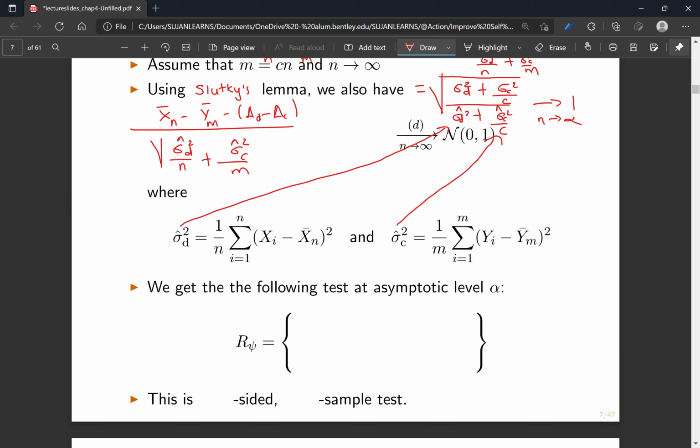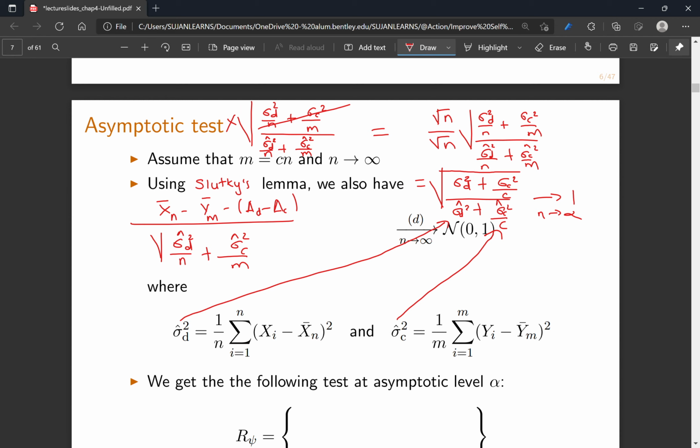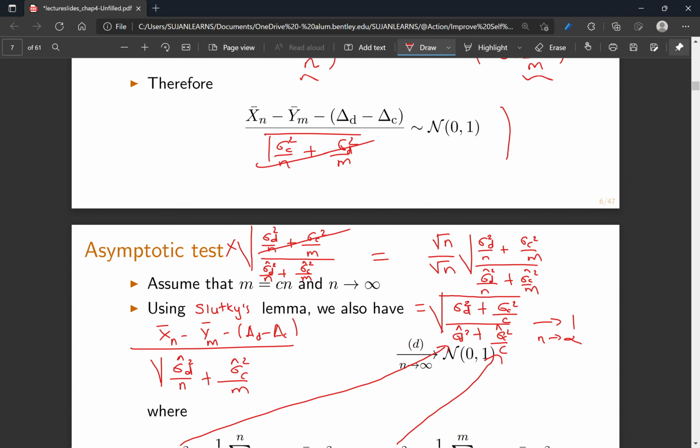Let me quickly summarize what we learned today, starting with the asymptotic test. We started from our last lecture, where we had an expression that had σ²c and σ²d, but we didn't know the values of those.